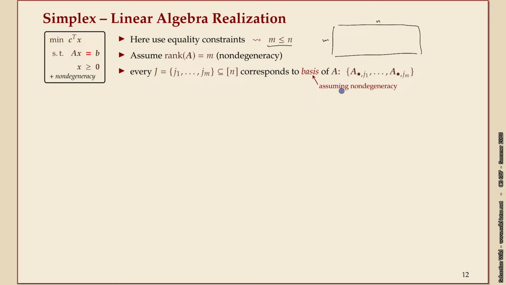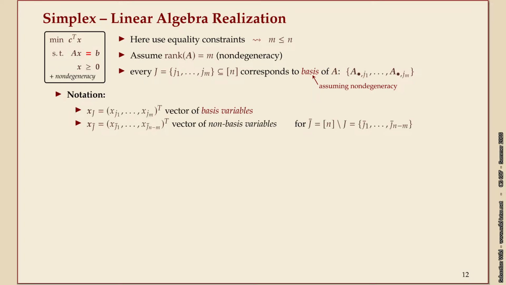That's in general not true, but if you assume that the problem is such that you don't have redundant constraints, or constraints that are multiples of each other, or that intersect in a weird place, if you ignore all these corner cases, then you can pick any collection of columns and you get a basis for the matrix, which means just M linearly independent vectors.